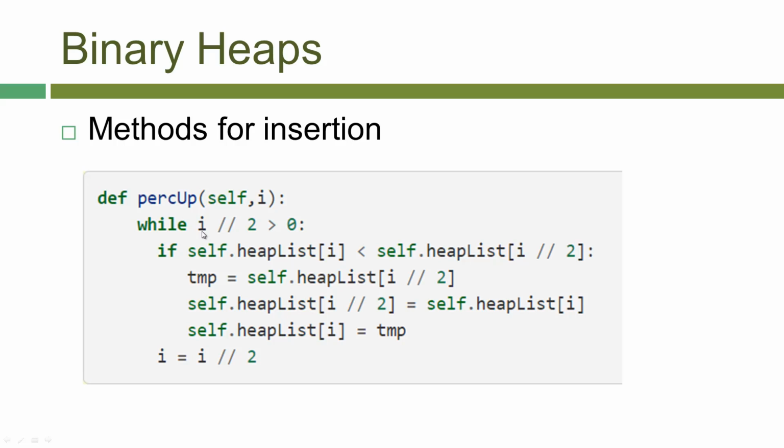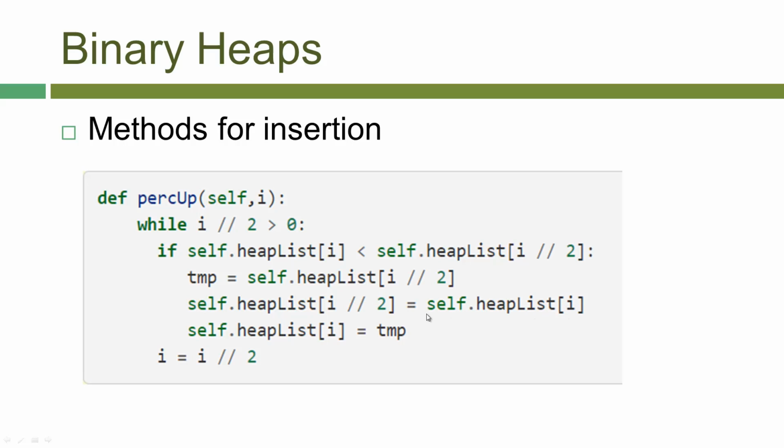We have this perc up method, and we're able to use this simple integer division here due to the fact that we're using just that simple heap list. So we just say if the heap list at that index is less than the heap list at that index integer division 2, then we set up this temporary variable as that integer division 2, and this is just to deal with classic division versus floating point division, just so we always have an index coming out here.